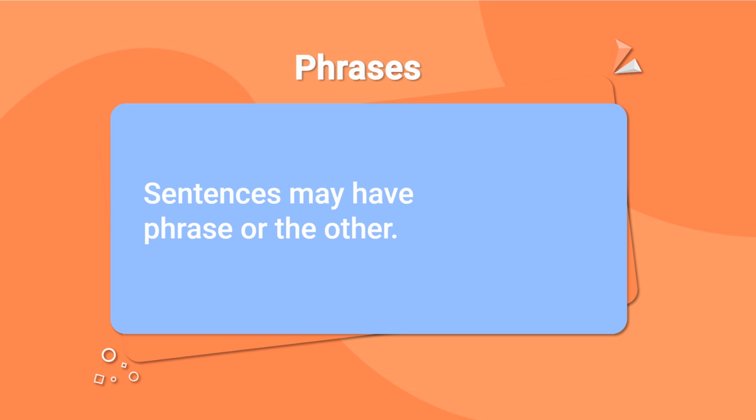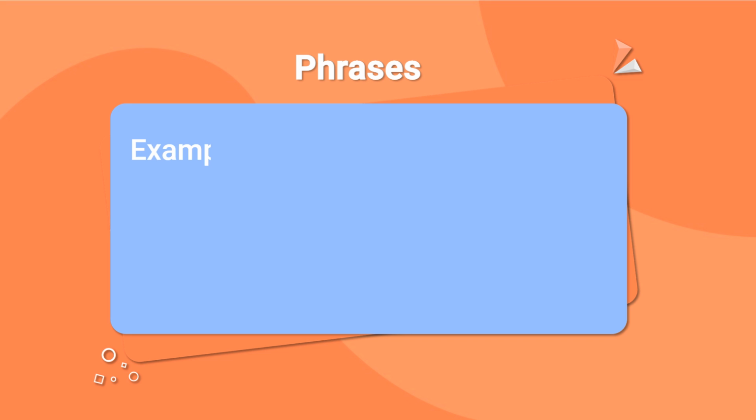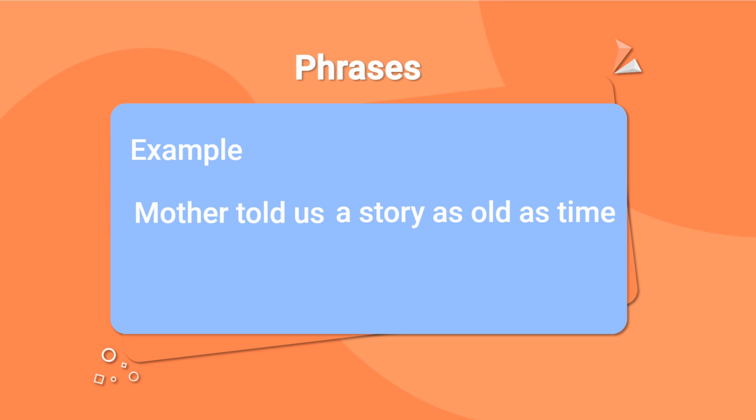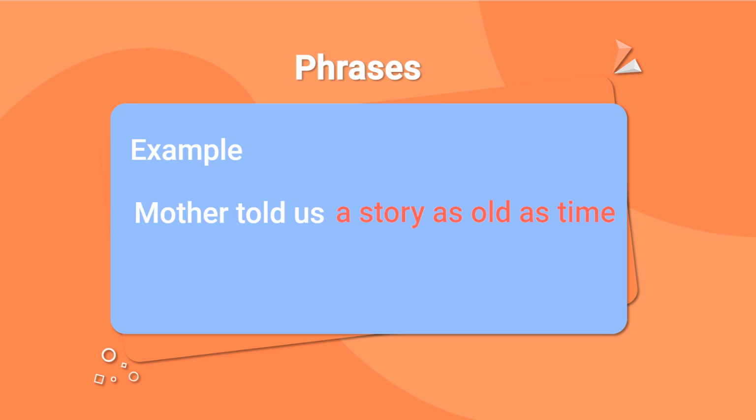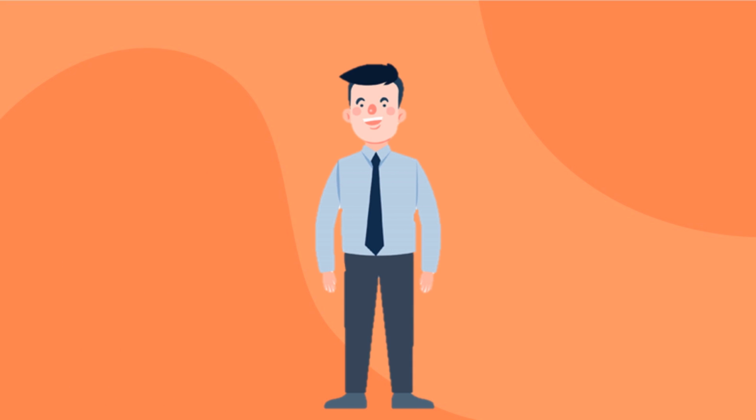All sentences may have one form of a phrase or the other. For example, in the sentence, Mother told us a story as old as time. A story as old as time makes sense if it were to stand alone, so we can say it is a phrase. Now that's simply what phrases are. Quite easy, isn't it?